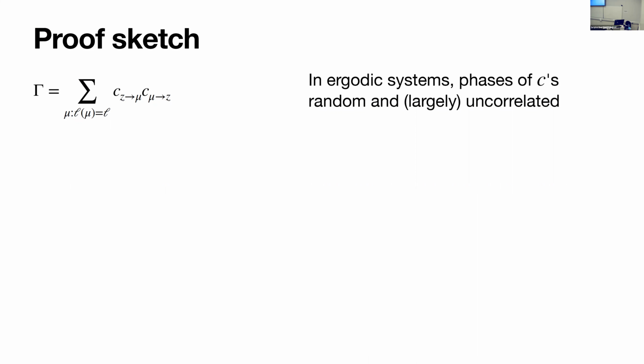Now the point is that in a complicated many-body system, and this is exactly true in a random circuit system, but it's also something that we expect to hold at least approximately, in some limit, for sufficiently complicated many-body systems, is that these C's are really chaotic. They have random signs.